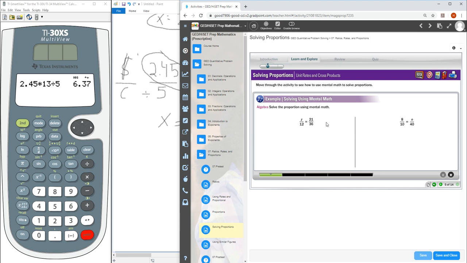Now here, if we were looking at these mentally, these would be much more straight proportions and fraction problems where you would see that, okay, 12, 36, well 3 times 12 is 36, so 3 times z is 21, and you'd set it up as an algebra problem. Same over here, okay, 10 and 40, well, 4 times 10 is 40, 4 times 8 is 32, so n equals 32.